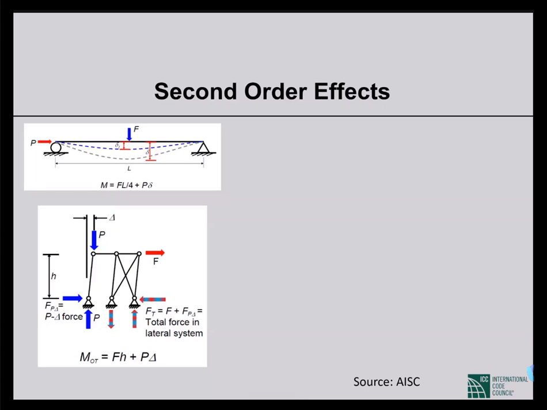And if there are vertical gravity loads, say P on the top, blue P, that causes an additional moment. Say the drift is capital delta. So that causes another moment at the bottom, which will be P capital delta.